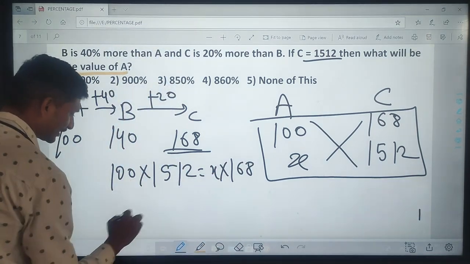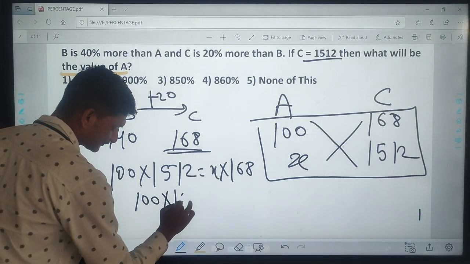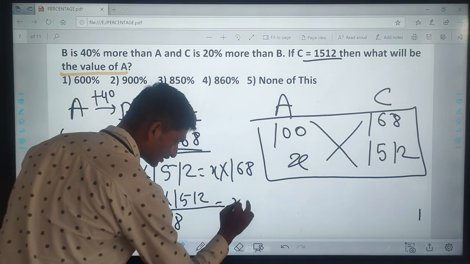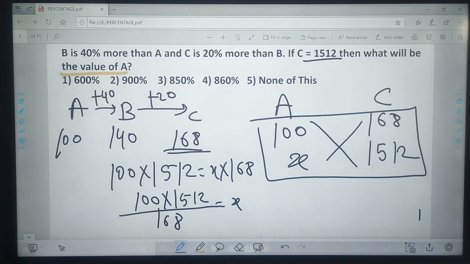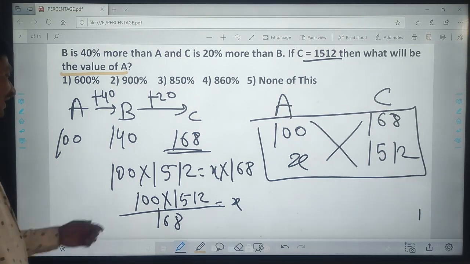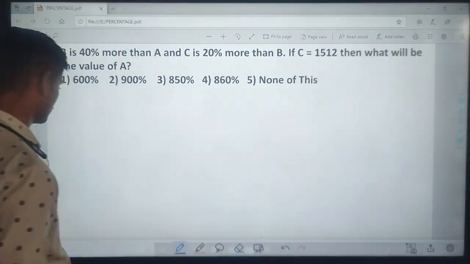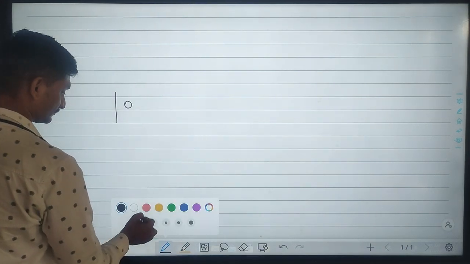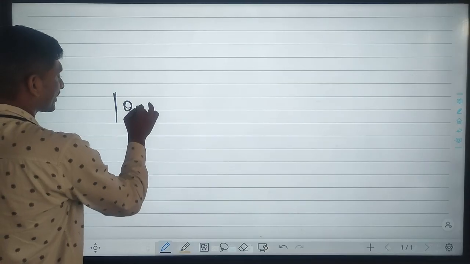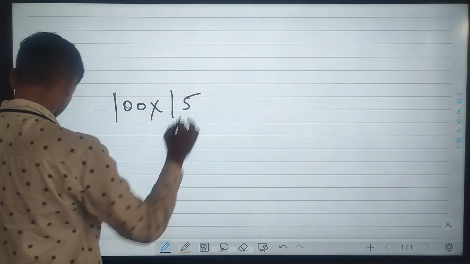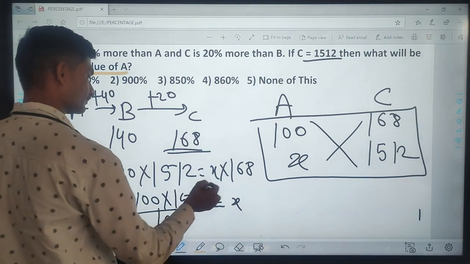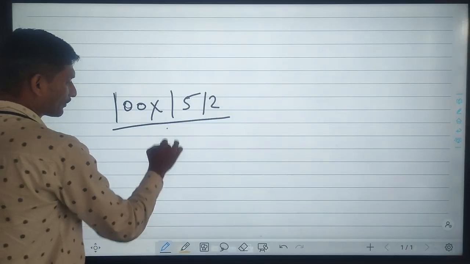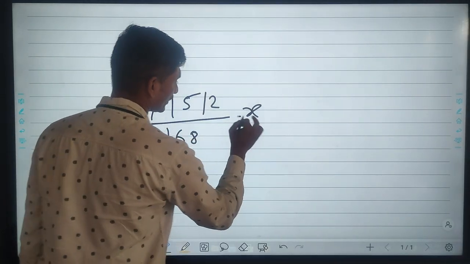Here 168 is multiplied. Now we solve this: 100 into 1512 divided by 168. Here we find.